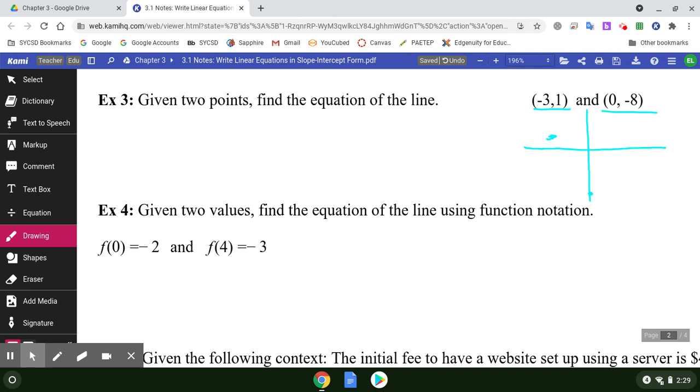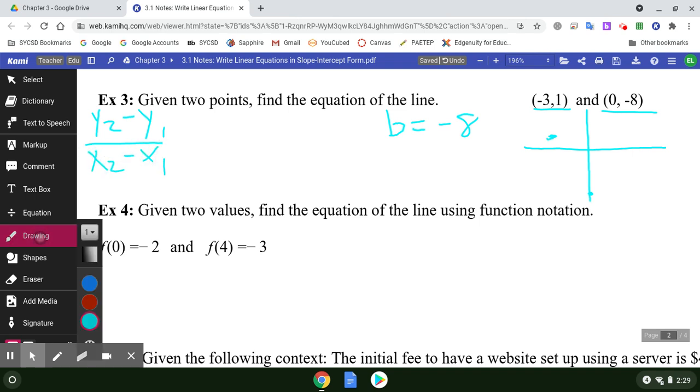So from there, we can recognize that our starting point is at -8, but then we have to calculate the rate of change. So we're going to look back to the difference in our y values divided by the difference in our x values. Sometimes it can be helpful to label those.